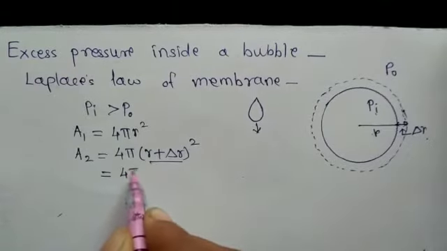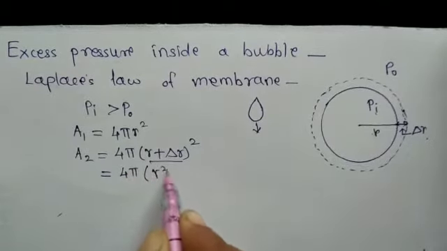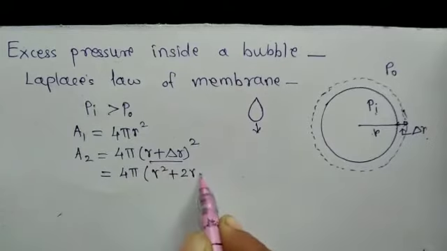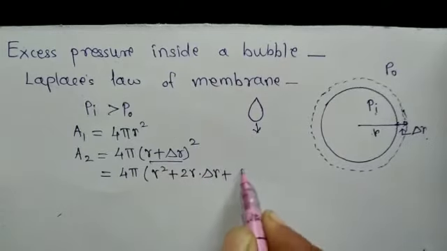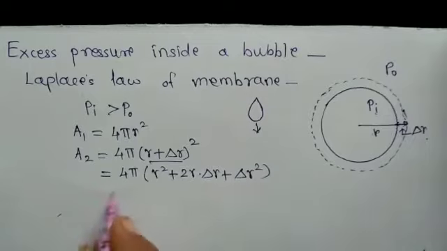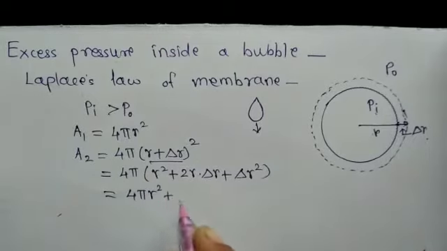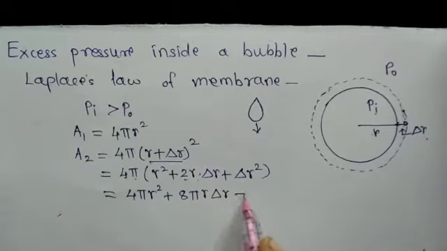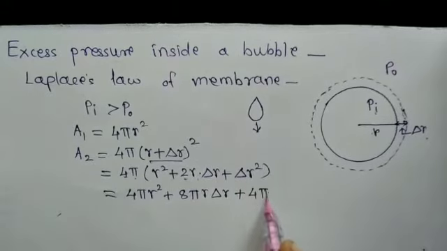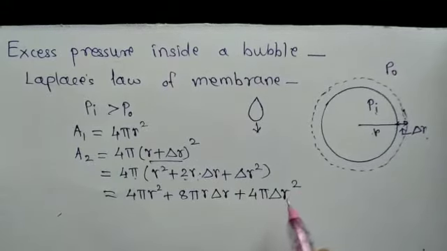It is equal to 4 pi (r square plus 2r delta r plus delta r square), which is 4 pi r square plus 8 pi r delta r plus 4 pi delta r square.